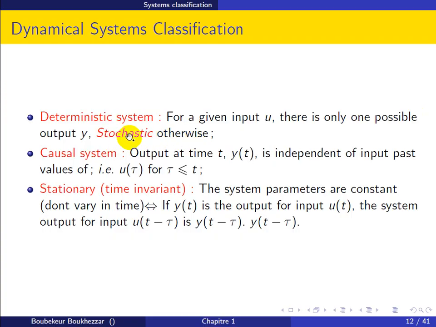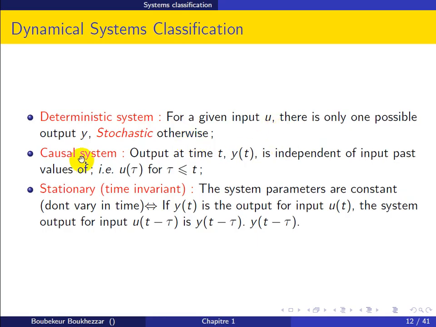The other case is the theory of stochastic systems, in which we consider the input and the output as stochastic signals. We can also consider the system equations as stochastic if they have coefficients that are probabilistic variables.